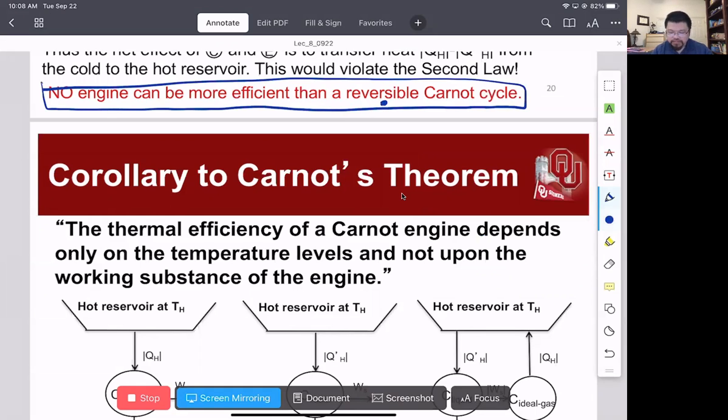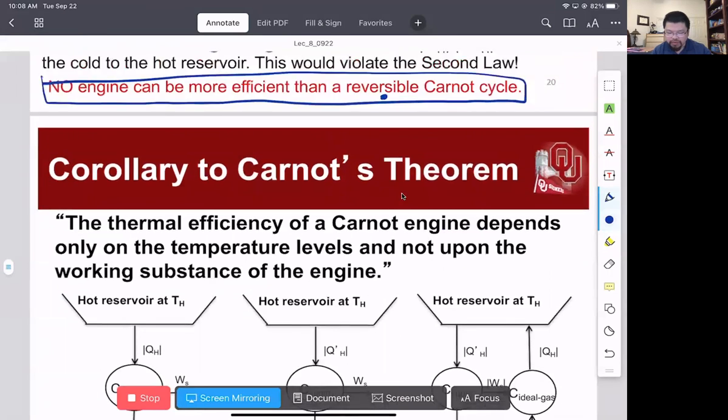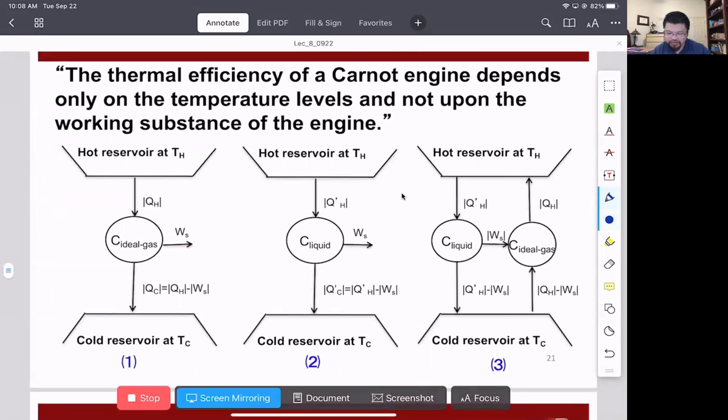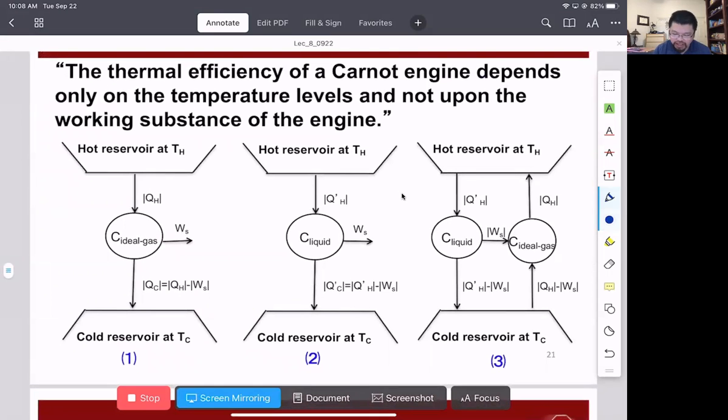Okay. So now with this proof, we actually have other very important stuff. Let's say that we just realized that we need to look at the TH and the TC, and when we define the Carnot cycle, we did not have any requirement. What would be the working fluid?